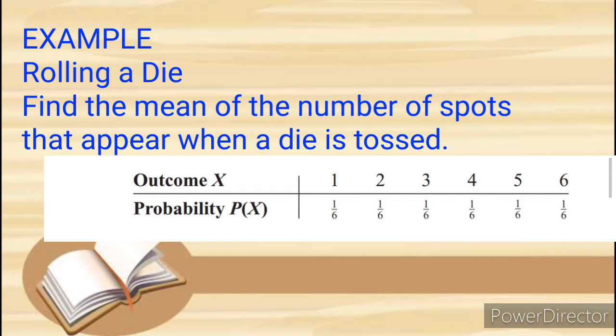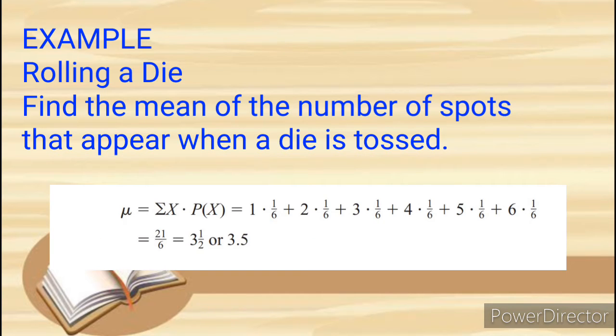Then, to solve the mean, we use the formula mean is equal to the summation of x multiplied by the probability of x, which is 1 multiplied by 1/6, plus 2 multiplied by 1/6, plus 3 multiplied by 1/6, plus 4 multiplied by 1/6, plus 5 multiplied by 1/6, plus 6 multiplied by 1/6, which is equal to 21 over 6, or simply 3.5.